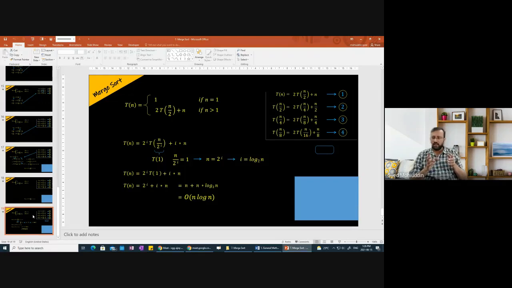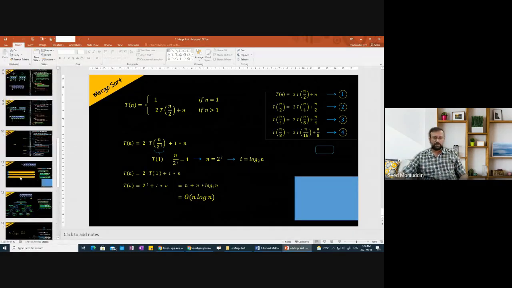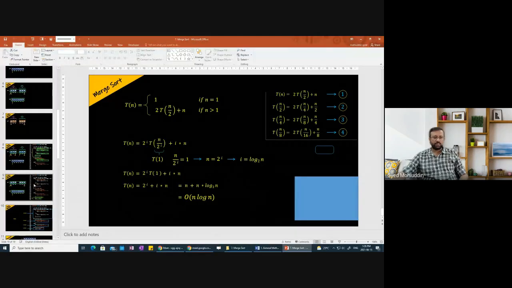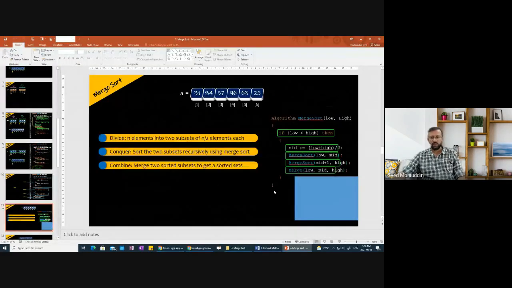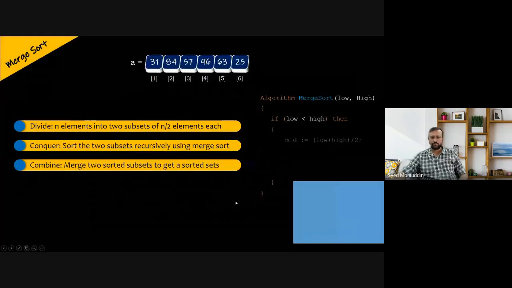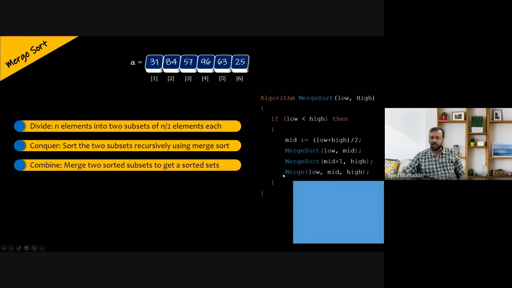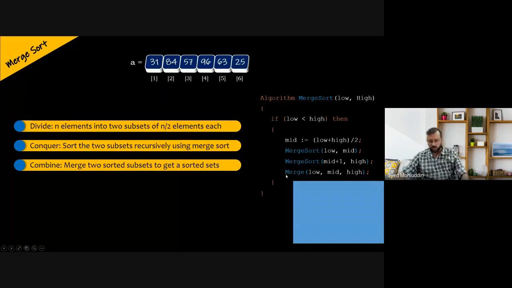Now, before we end, the important point is that when merge sort is asked in the exam, you have to first write the merge sort algorithm. Then also write the merge algorithm.